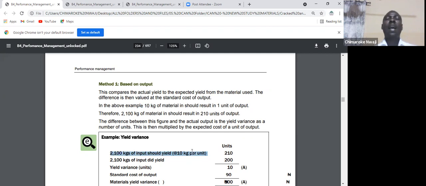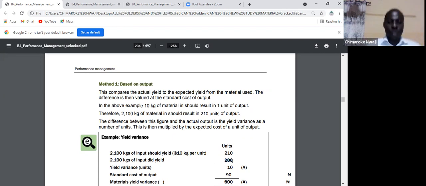Then, how much output did the 2,100 kilograms really yield? Wow. You actually yielded 200 units. You're supposed to yield 210, but when you check your actual, it was 200. So is it a favorable variance or an adverse variance? Well, the difference of 10 is adverse.